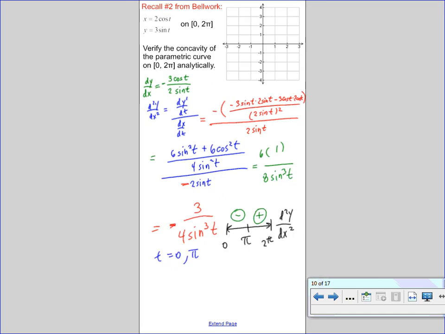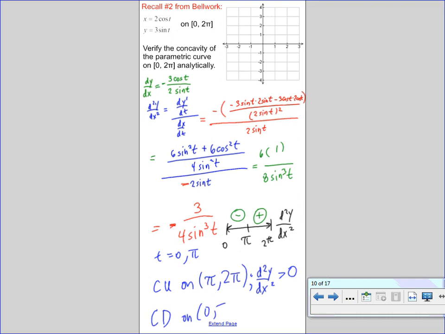So we've got concave up on pi to 2 pi because the second derivative of y with respect to x is positive, and concave down. Gosh, I'm running out of space here.